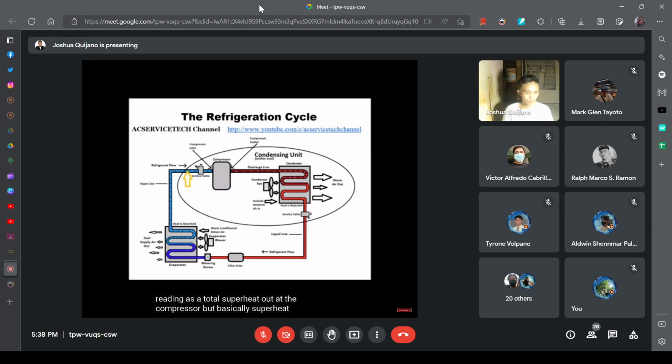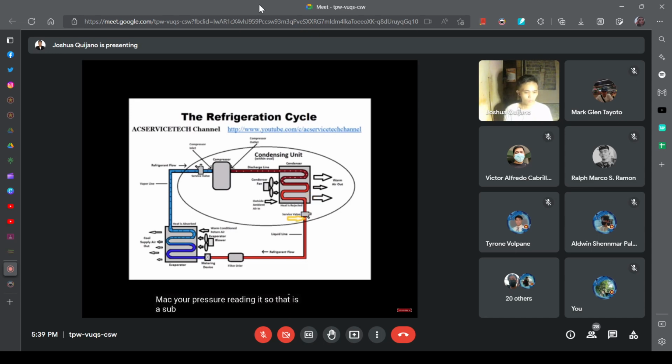But basically, superheat is the temperature increase in vapor form in the evaporator coil. Okay. The condenser, that's where we have subcooling taking place at, and subcooling is the temp decrease in liquid form in the condenser, okay, to where it comes out past the service valve. That is subcooling. So there's only one spot where there's liquid in the condenser coil, and it's after the saturated state. All right, where it comes out at, we always take a temp reading right next to the service valve because that's where we can get an accurate pressure reading at.